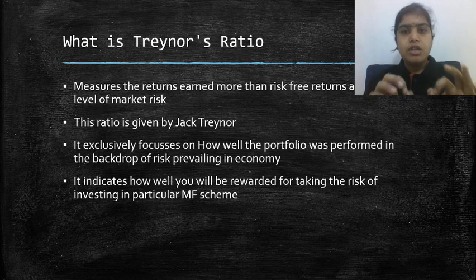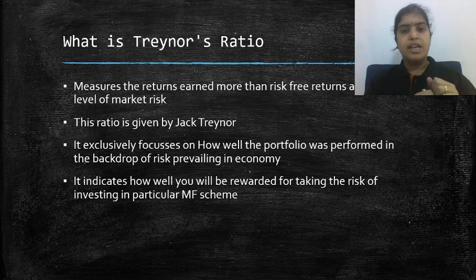It exclusively focuses on how well the portfolio performed in the backdrop of risk prevailing in the economy. Also, it indicates how well you will be rewarded for taking the risk of investing in a particular mutual fund scheme.